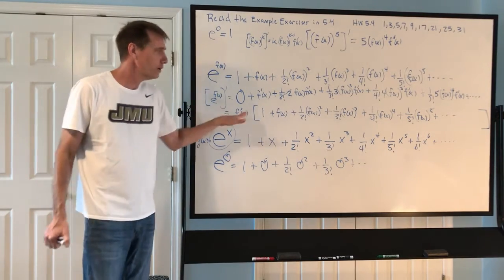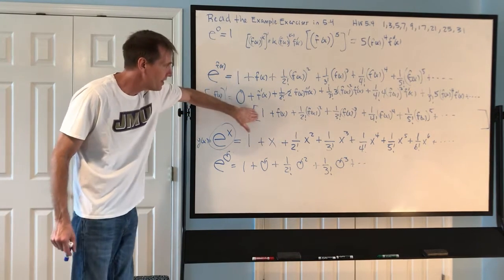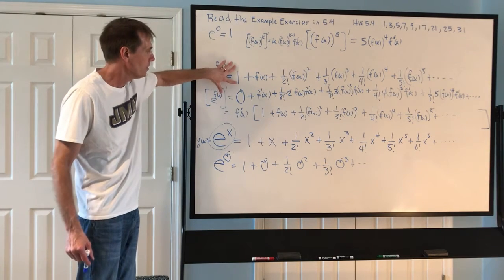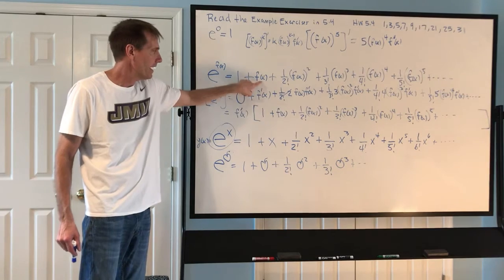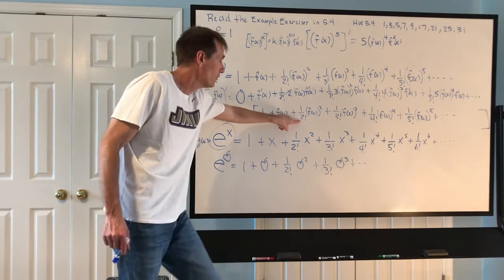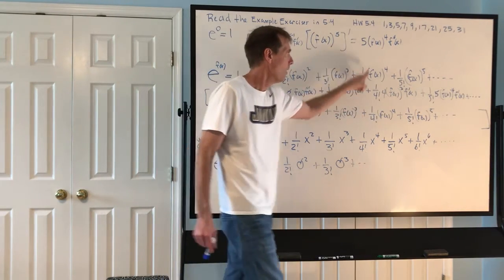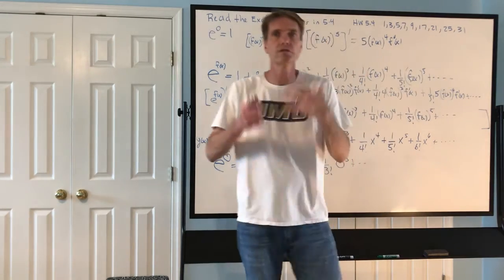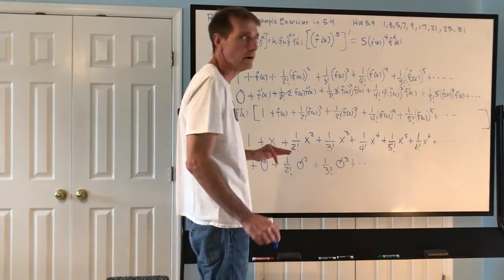Okay, if I look up here, just look at the thing inside these brackets, and look at what's here. There's a 1 and a 1, an f of x and an f of x, a 1 over 2 factorial, a 1 over 2 factorial. We get it, Dr. Warren. They're all the same. All of the terms in this infinite sum are the same as the ones in this infinite sum here.